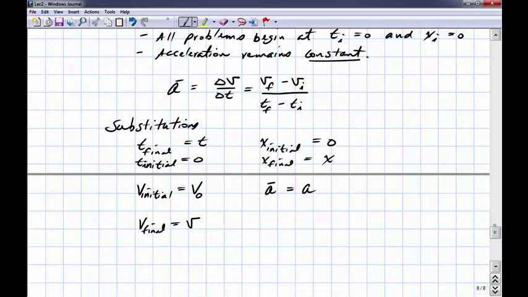Okay, so with these substitutions, let's begin our analysis. The first thing I'll do is make substitutions into this acceleration equation. So rather than having Vf minus Vi, Vf now is replaced by V, and V initial is now replaced by V0. Same with the time. T final, if you note, is replaced by T, and T initial has a value of 0.